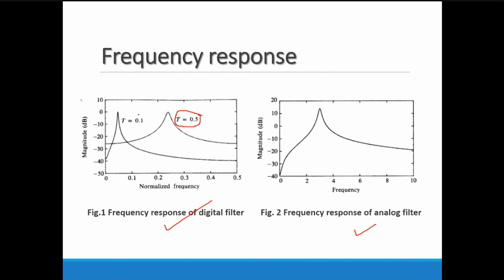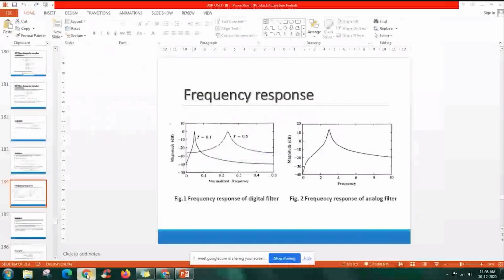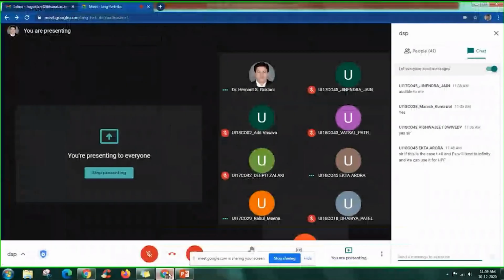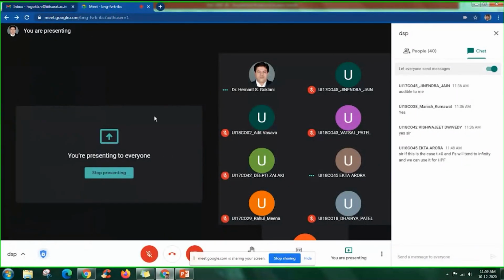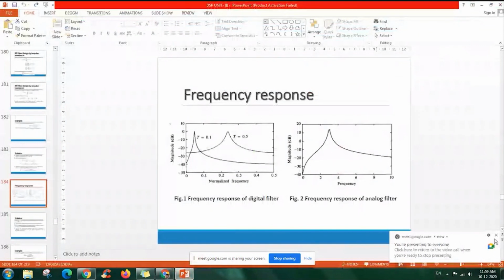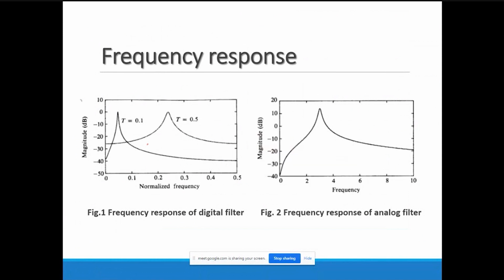I have taken two different values of t for the plotting: t is equal to 0.1 and t is equal to 0.5.